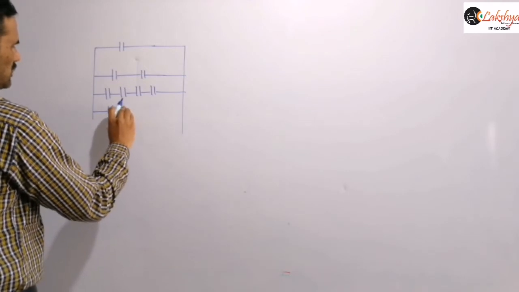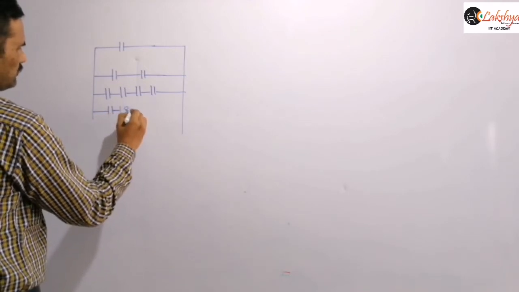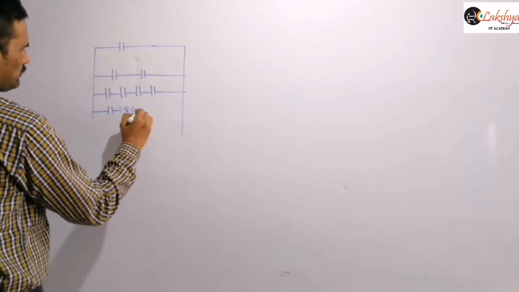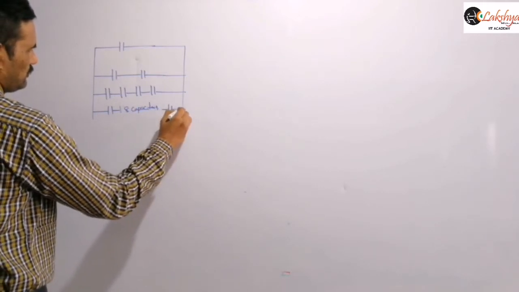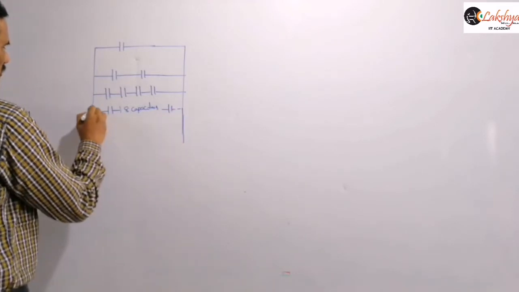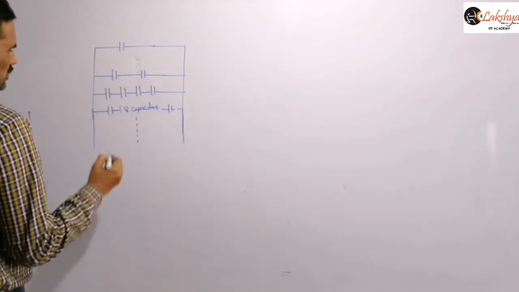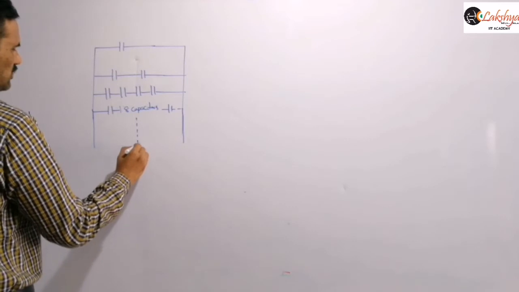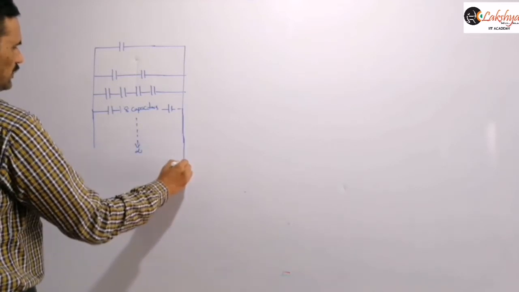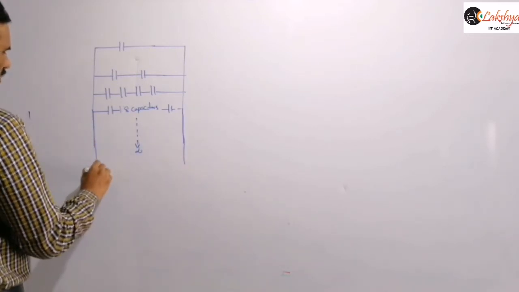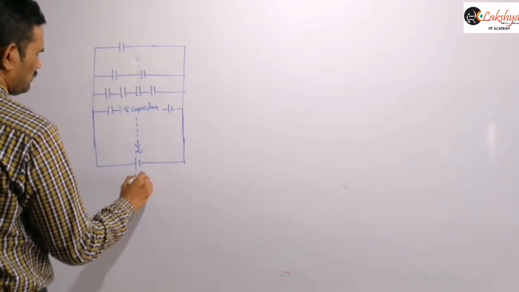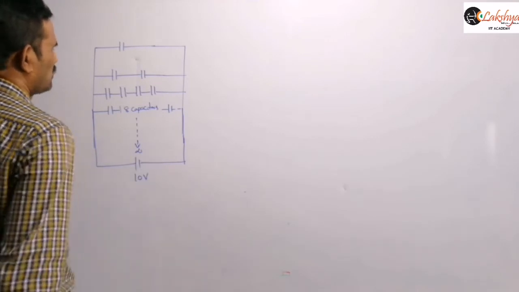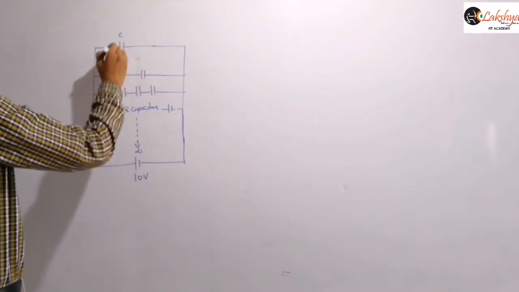Like 8 capacitors here, total 8 including them, and so on, the number goes to infinity. Now this circuit is connected to a cell of EMF, say 10 volts. All capacitors are identical.